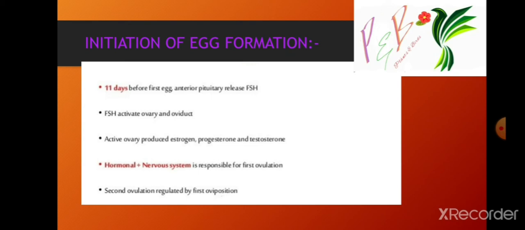Hormonal plus nervous system together are responsible for the first ovulation. The second ovulation is regulated by the first oviposition. As I told, after the first oviposition, after 14 to 75 minutes, the second ovulation takes place.